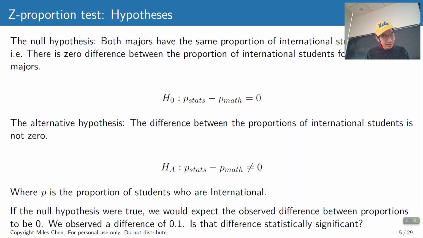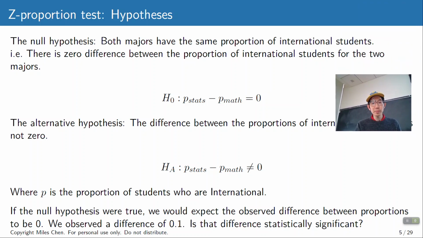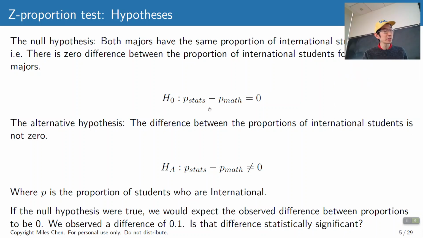When we set up our null hypothesis, it is something along the lines of: both of the majors have the same proportion of international students. There's zero difference between the proportion of international students for our two majors. So our null hypothesis is that p stats minus p math is 0. These p's do not have hats; these are proportions in the population.